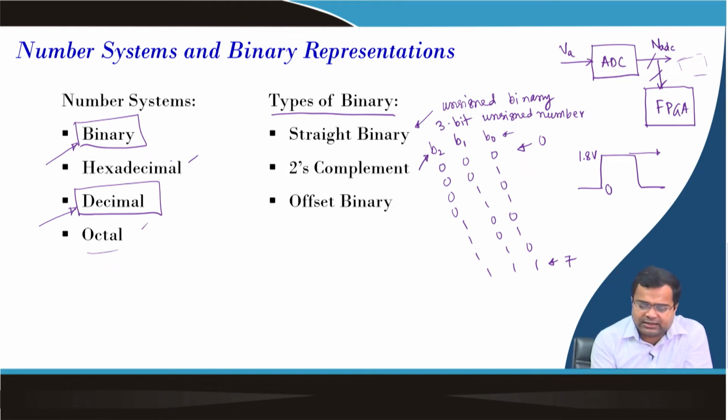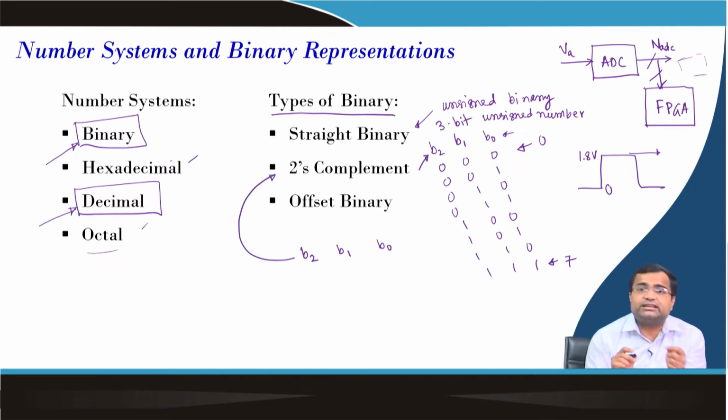Now, we want to represent a signed number using 3 bits. How do we do that? One of the ways is the 2s complement, which deals with signed numbers. So, how is it 2s complement? Let me represent B2, B1, B0, that means you have bits which can take either 0 or 1, each of these bits can be either 0 or 1.